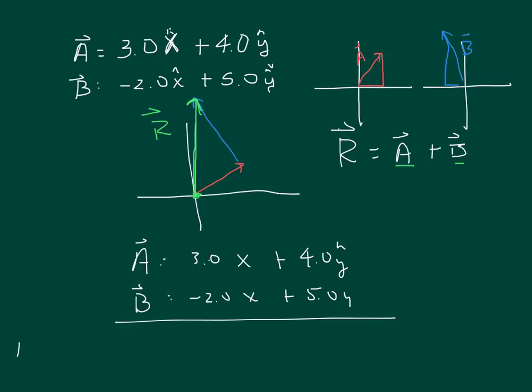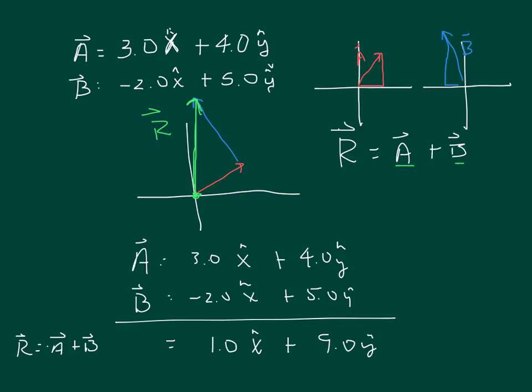When we add them together, we get the resultant vector of A plus B, and that is 3 minus 2 is 1.0 in the x direction. These all have little hats on them. In the x direction, plus 9.0 in the y direction.